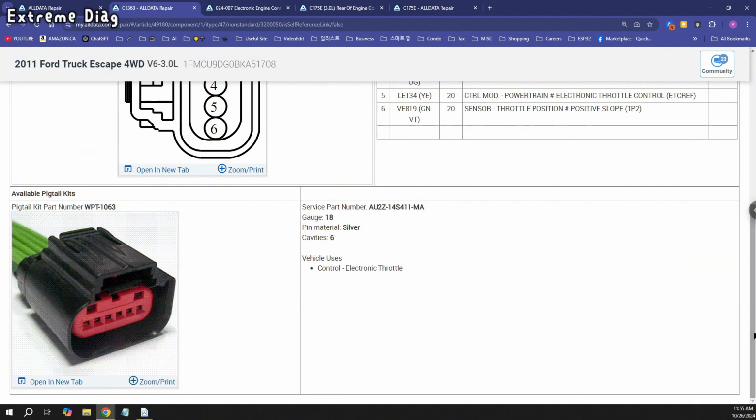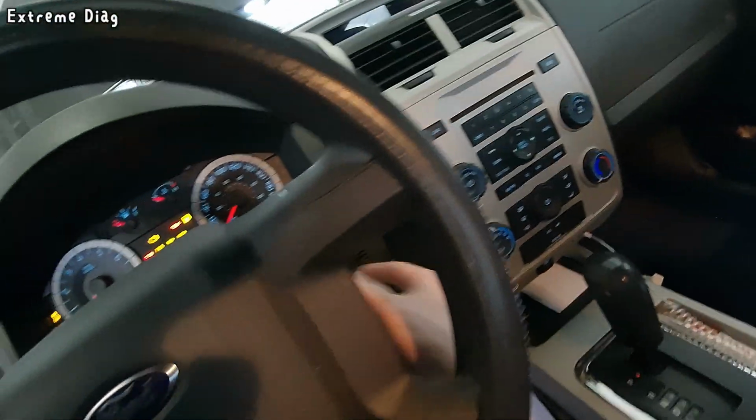This is an actual photo of the connector and the pins are numbered from right to left as 1 through 6. Back in the car, I'll turn on ACC mode and check the voltage between pins 4 and 5.